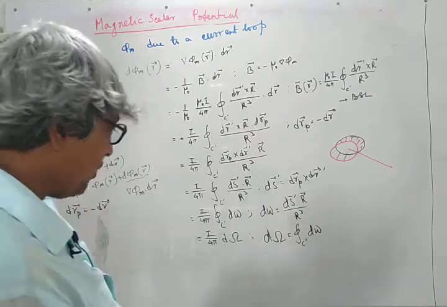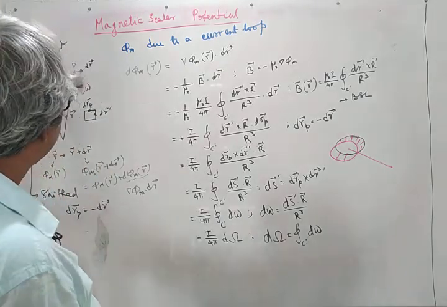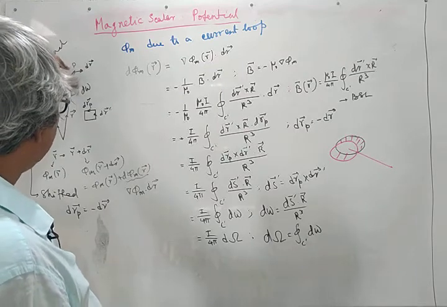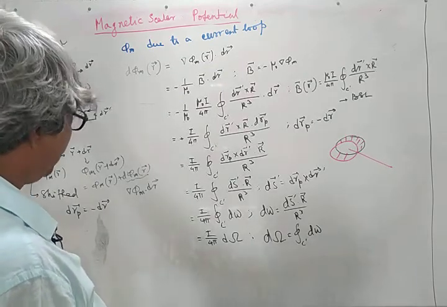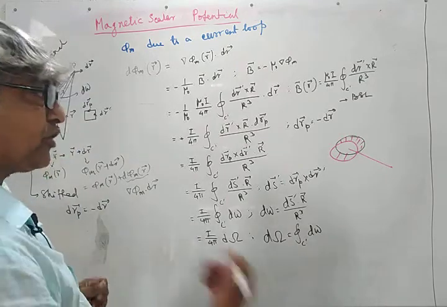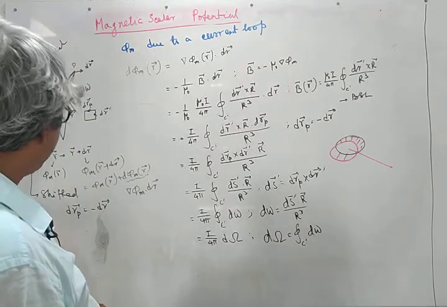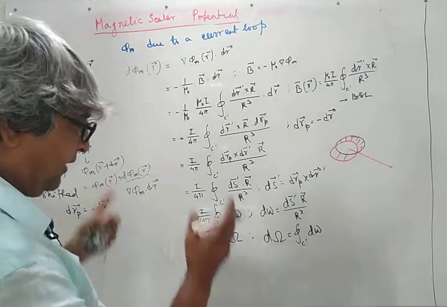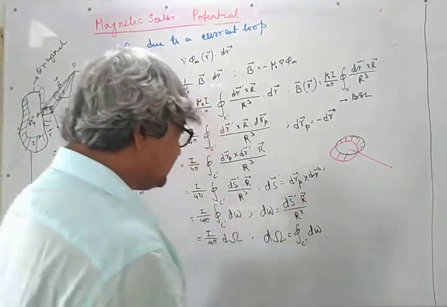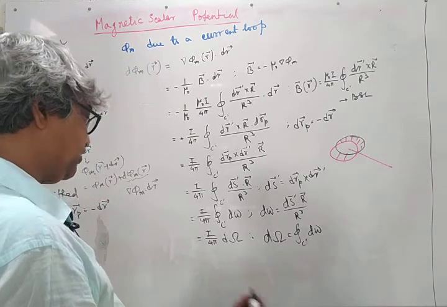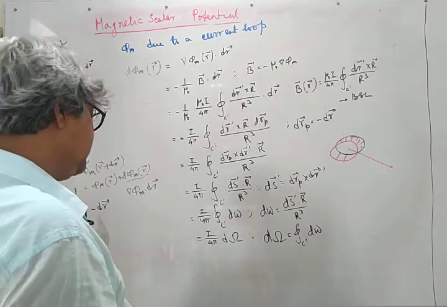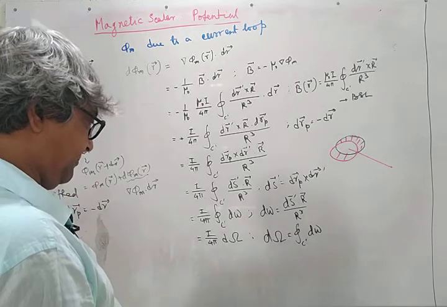If we look at the area element from the field point, if the area element is thrust in the anti-clockwise direction, then the solid angle is considered positive, and if it is thrust in the clockwise direction, then the solid angle is negative.